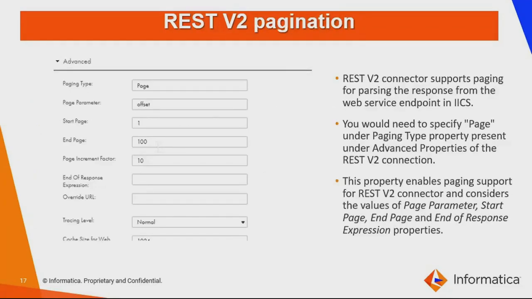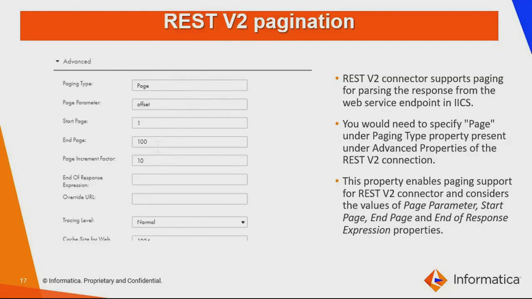REST V2 pagination. REST V2 connector supports paging for parsing the response from the web service endpoint in IICS. If the web service endpoint supports pagination properties, then you can configure the paging properties at the mapping level.